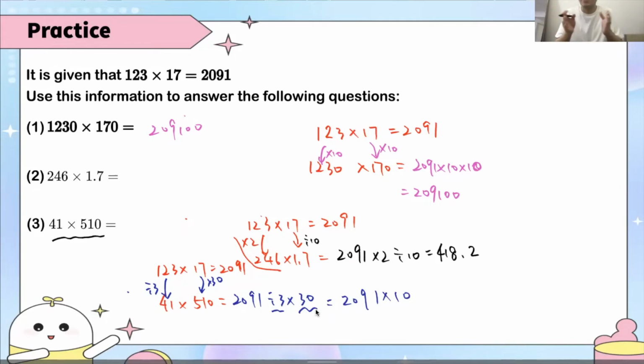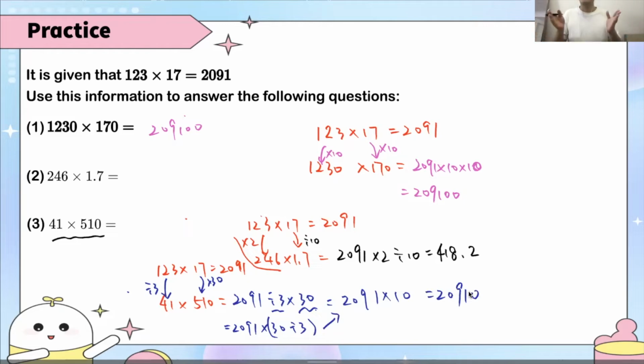So if you cannot understand this part, we know if we only have division and multiplication, we can change the operation order. So if we do one more step to help you understand this part, it should be like this. 30 divided by 3, that is 10, so 2091 times 10, that is 20910.